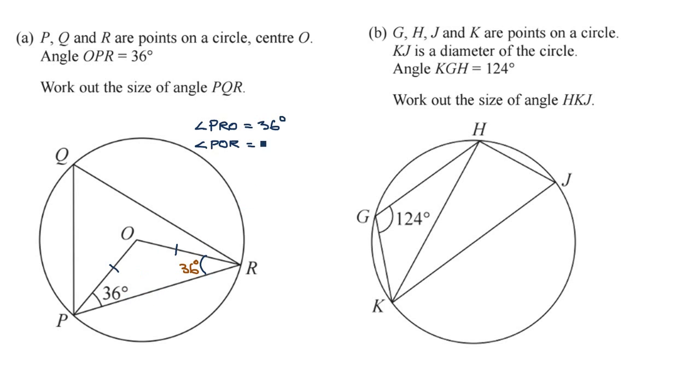So we're going to take 180 degrees and subtract the two base angles, the other two angles, until we get the angle that's left, which is POR. So 36 degrees is one of them, and the other one's 36 degrees. So we just add those together and subtract from 180. So now we've got 180 minus 72 degrees, which gives us 108 degrees.